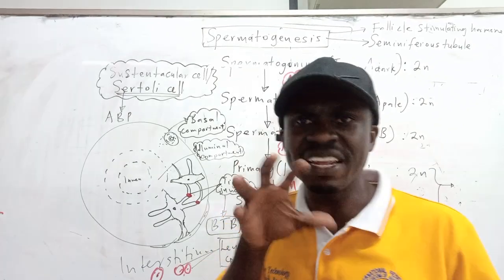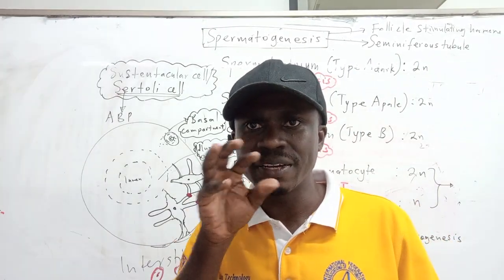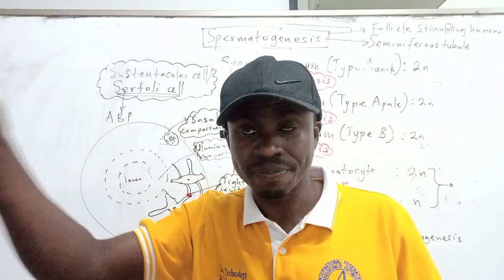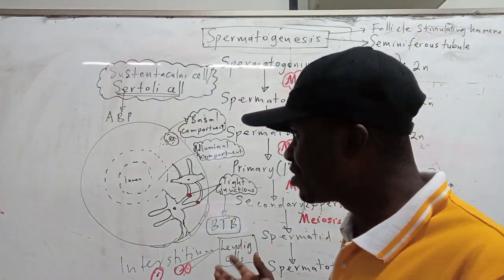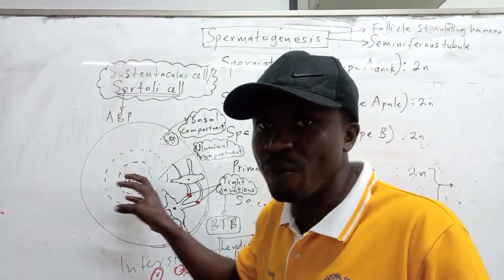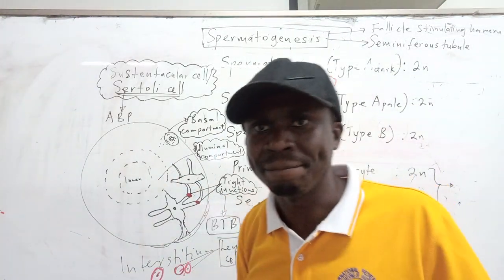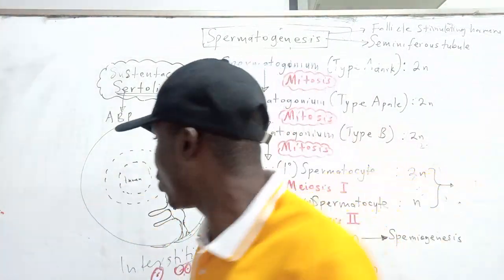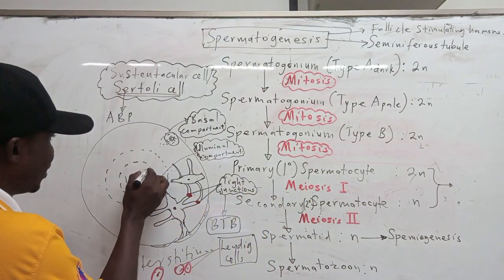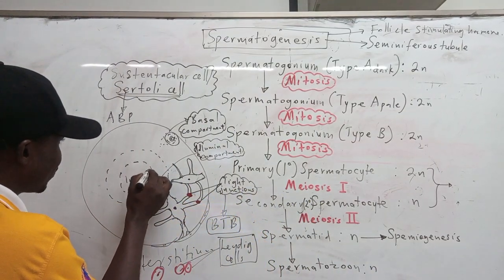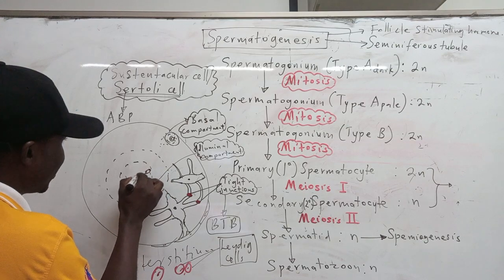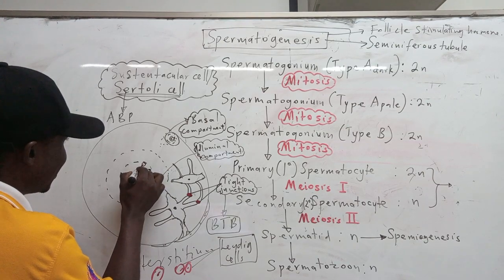My friends, these Leydig cells are the ones which make the testosterone. They secrete testosterone and concentrate it in the lumen, so that these haploid cells, the spermatozoa, will be pulled towards the lumen. When they come there, they will be hanging over there. So, let's say there is one spermatozoon hanging in there, another one hanging in there.